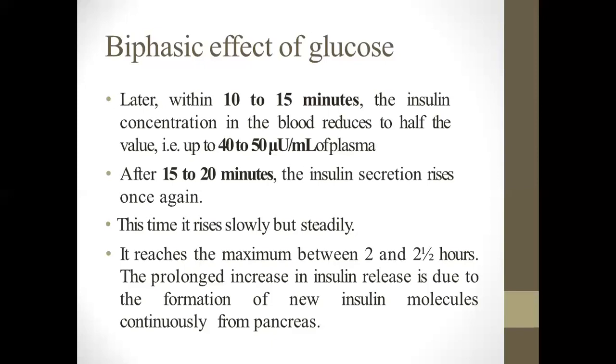So after a meal, the biphasic effect is that the insulin level will go toward a peak, and this peak will come two times. The first is directly after the meal, and the second after 2.5 hours.